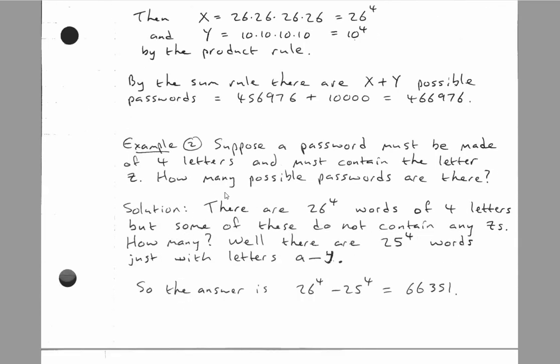Okay, how about a different password example? So this time your password has to be 4 letters, and it must contain the letter Z. How many passwords are possible now with these restrictions?